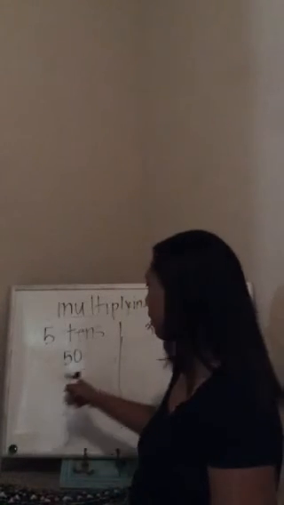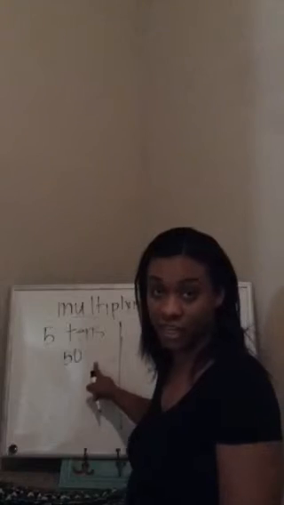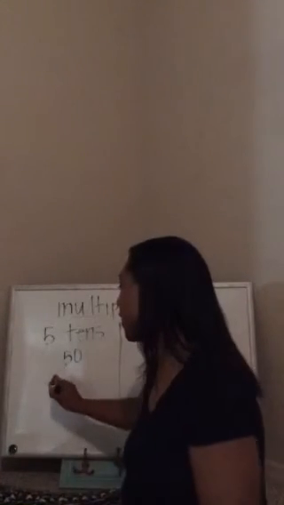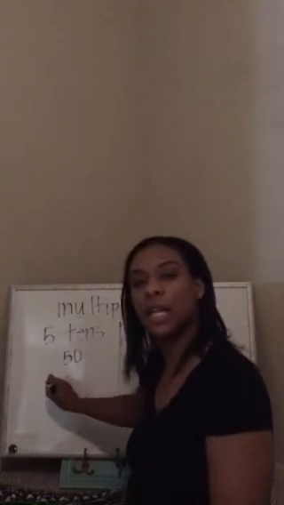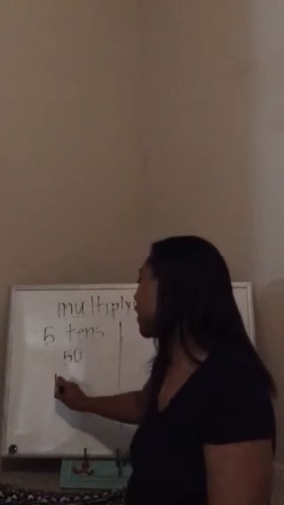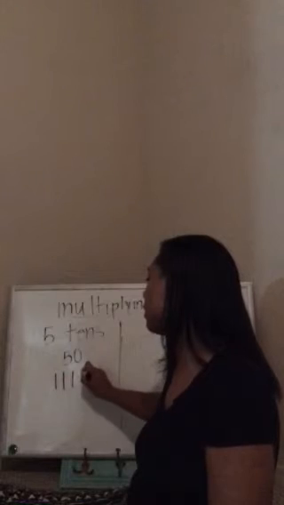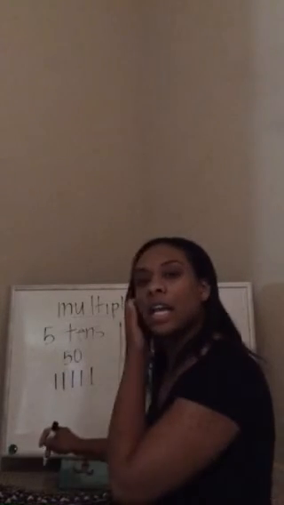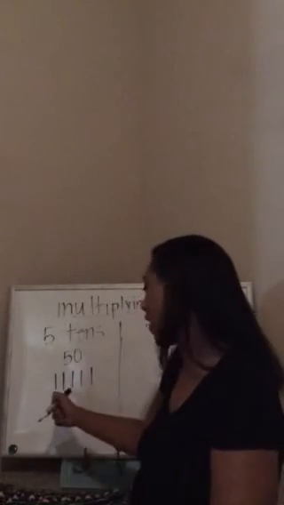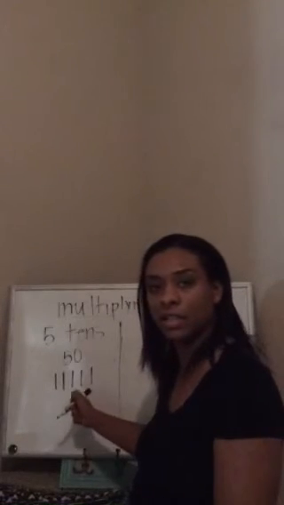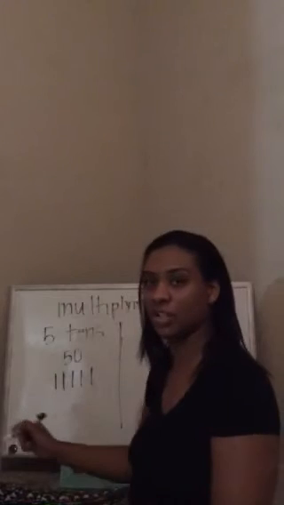Now we're going to represent our 5 tens and 50 using 10 sticks. For example, mine, 5 tens or 50, would be represented like this. 10, 20, 30, 40, 50. And in this case, we're not going to cross our 5s because I want to see all 10 sticks. Sometimes we get confused when counting by tens if we don't see that slash.